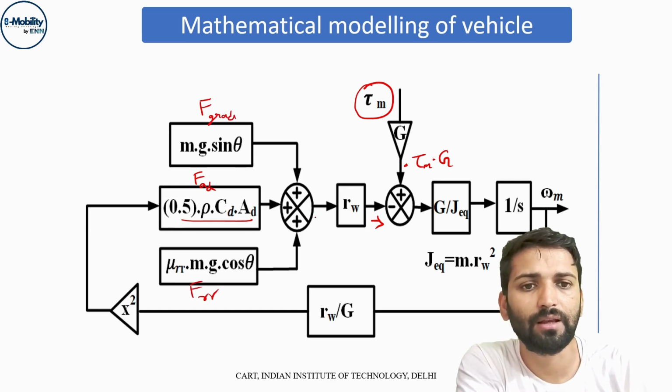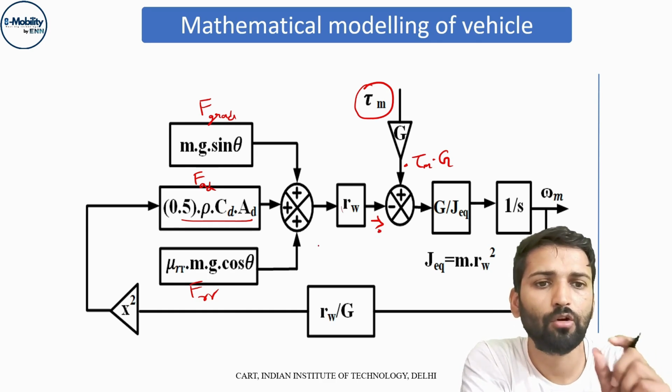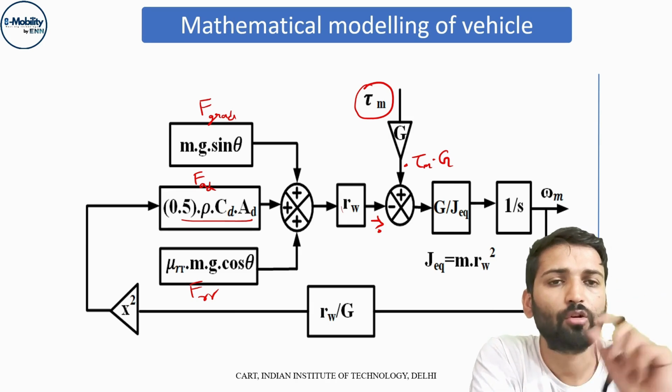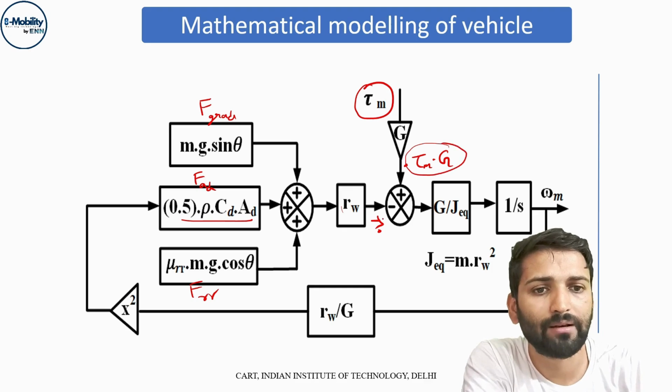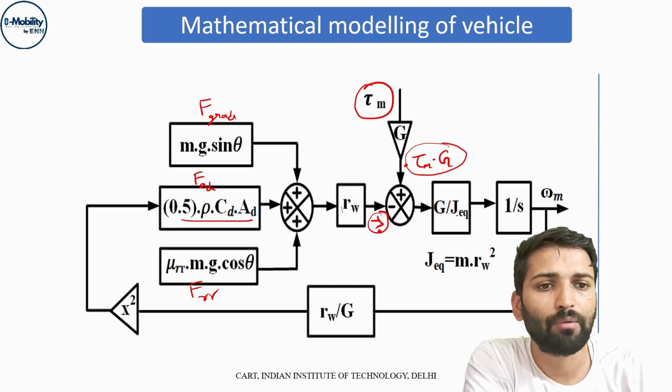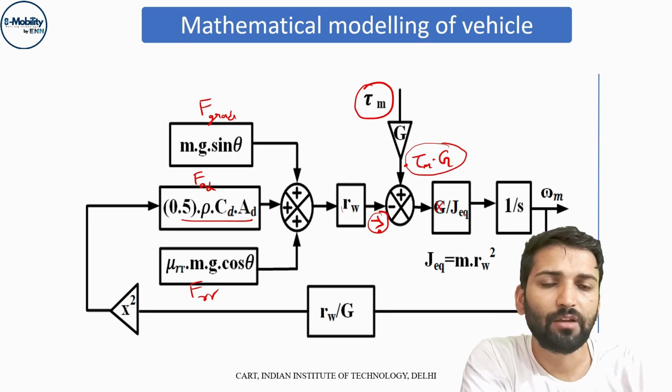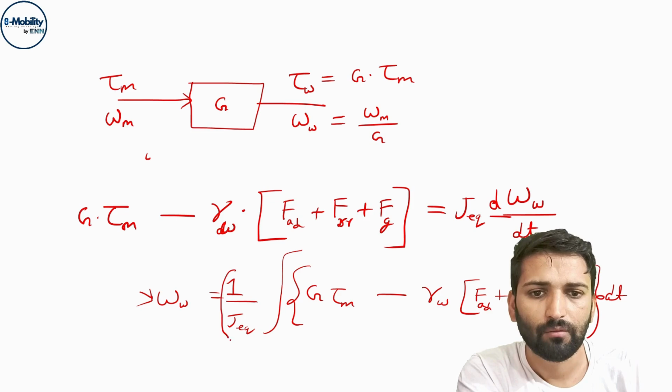We are adding these three and multiplying with Rw to get the actual value of the resistive torque, and then we are subtracting it from Tm and multiplying with 1 upon J equivalent. You can ignore this G for now. You can see here this is 1 upon J.